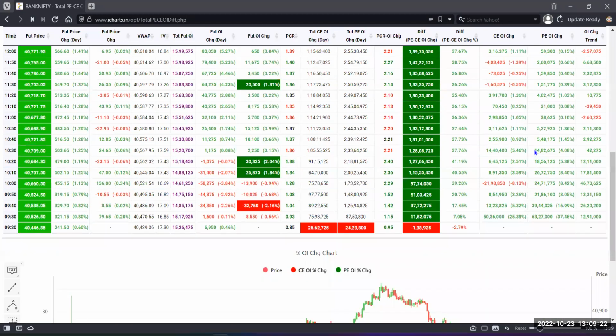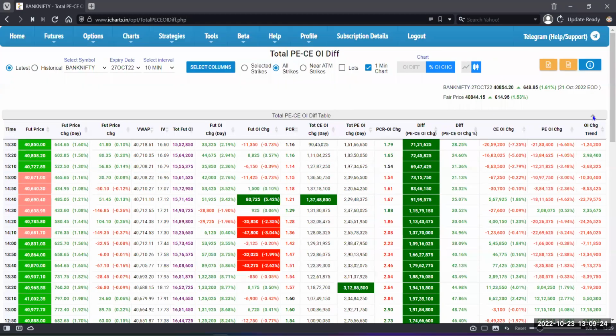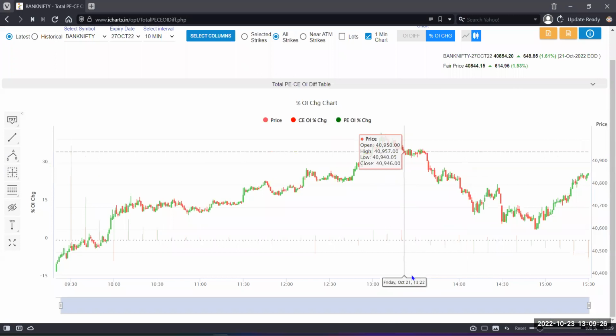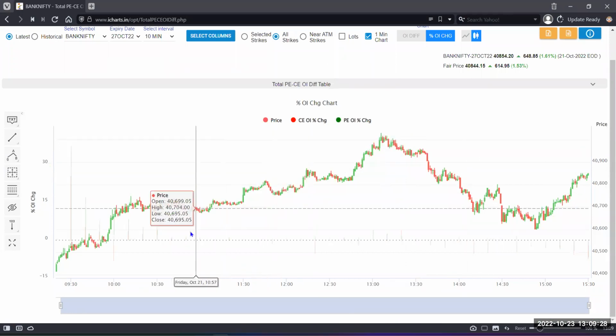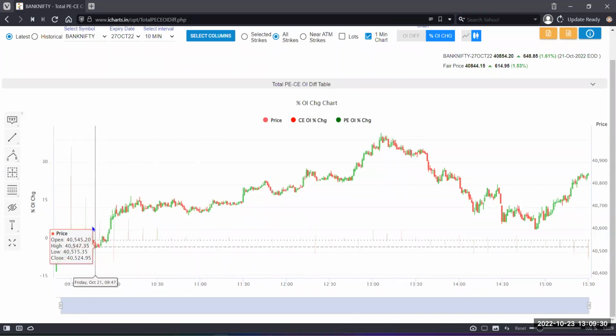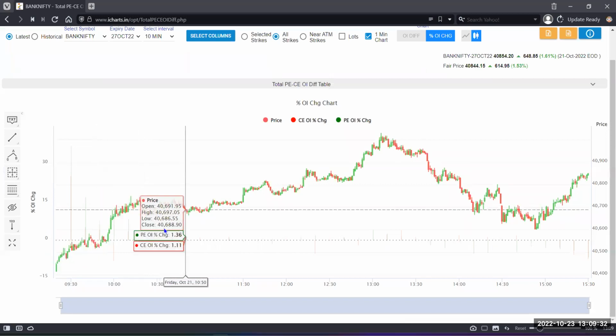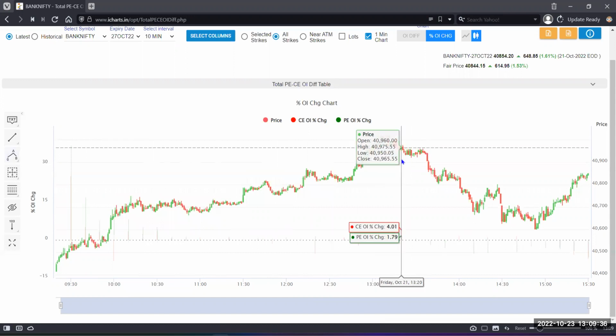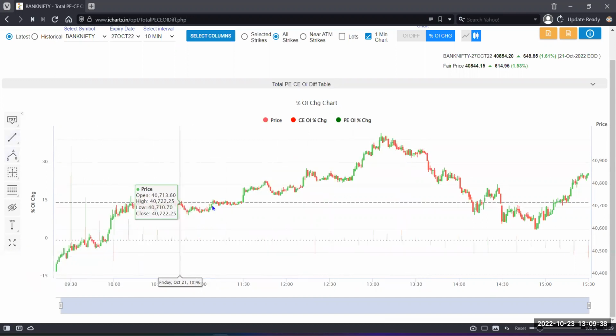Yeah, the next thing to discuss is unwinding with respect to various levels on the chart. Now, let me mark just very basic support resistance levels, nothing fancy.